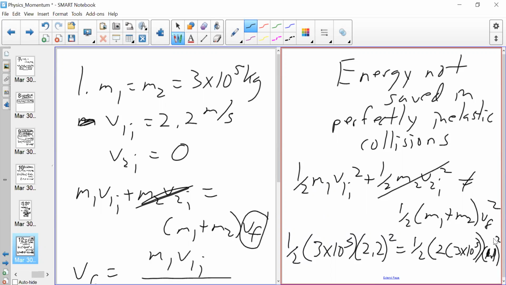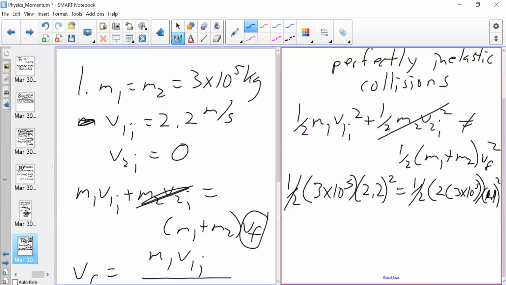Now, of course, these 1/2s get canceled, and then we're left with just that. So 2.2 squared.